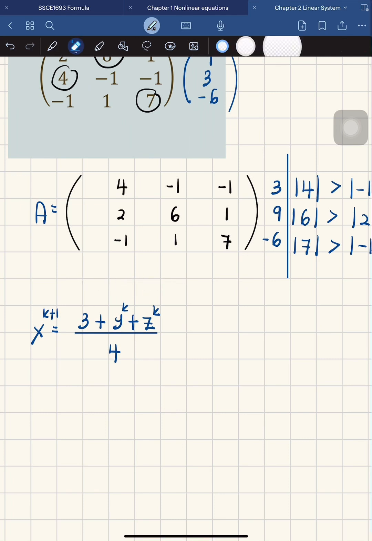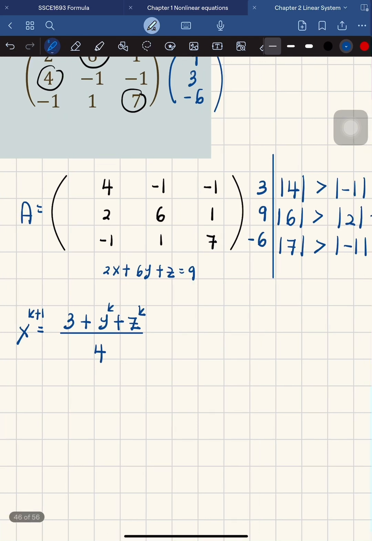From the second equation, we can make y the subject: 2x plus 6y plus z equal to 9, so y equals 9 minus 2x minus z over 6. We have the value for x just now, but we don't have the value of z.